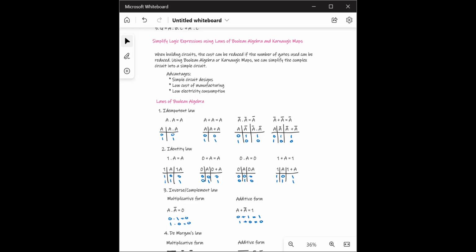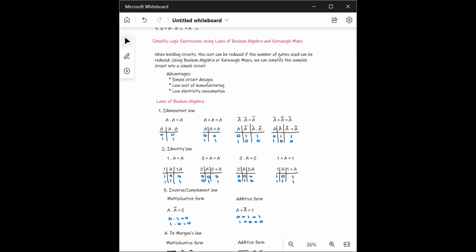Similarly, if you take 0 and multiply it with the Boolean variable A, you'll get 0. Similar to mathematics also, when you multiply anything with 0, you will get 0, right? Similarly, 1 plus A, you will end up getting 1.